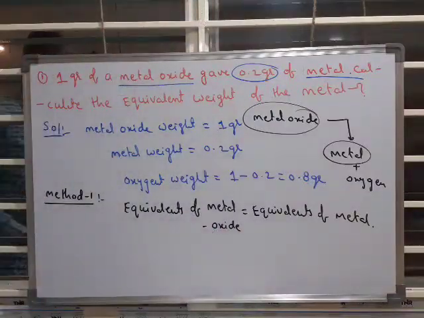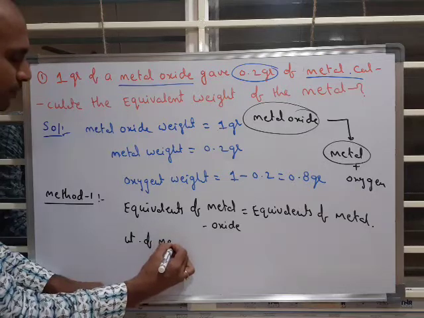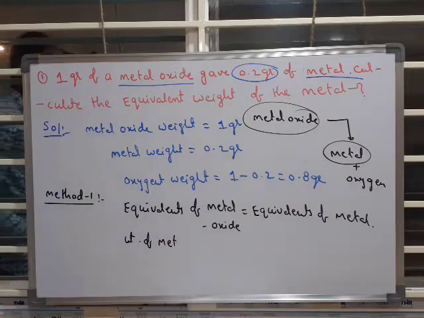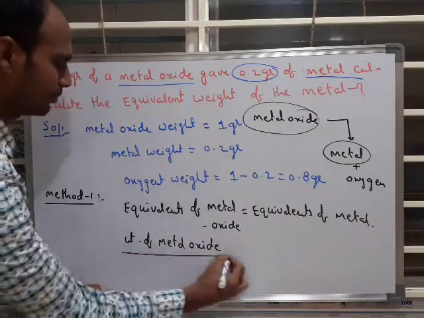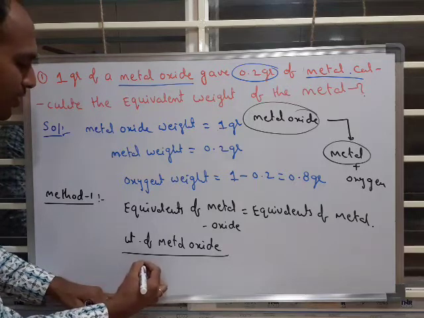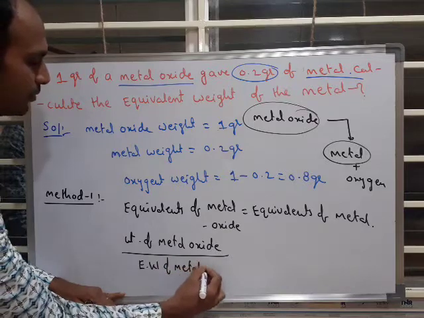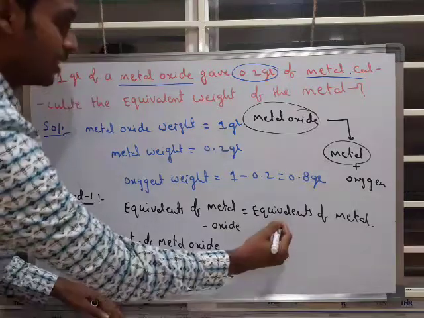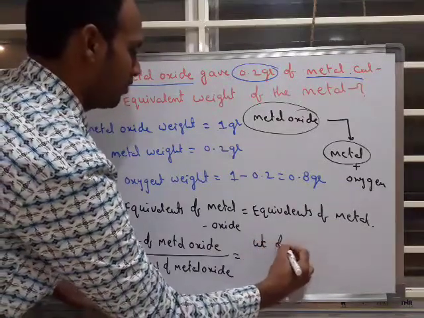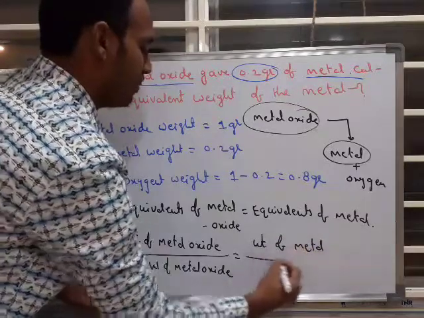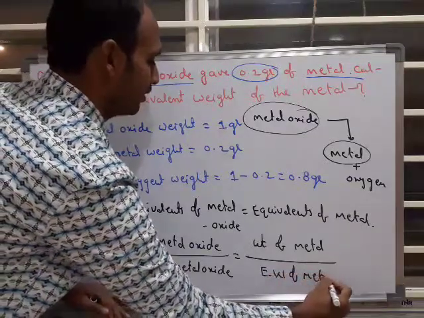So weight of metal oxide by equivalent weight of metal oxide is the same as the equivalents of metal: weight of metal by equivalent weight of metal.